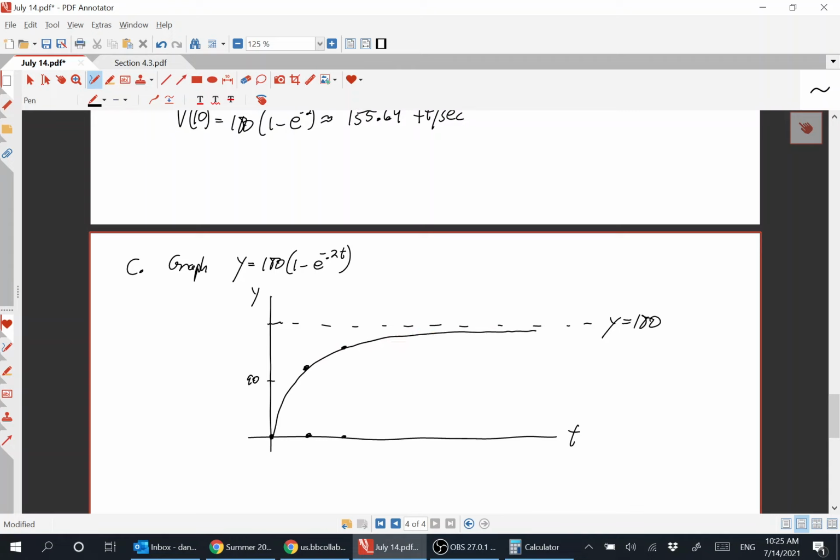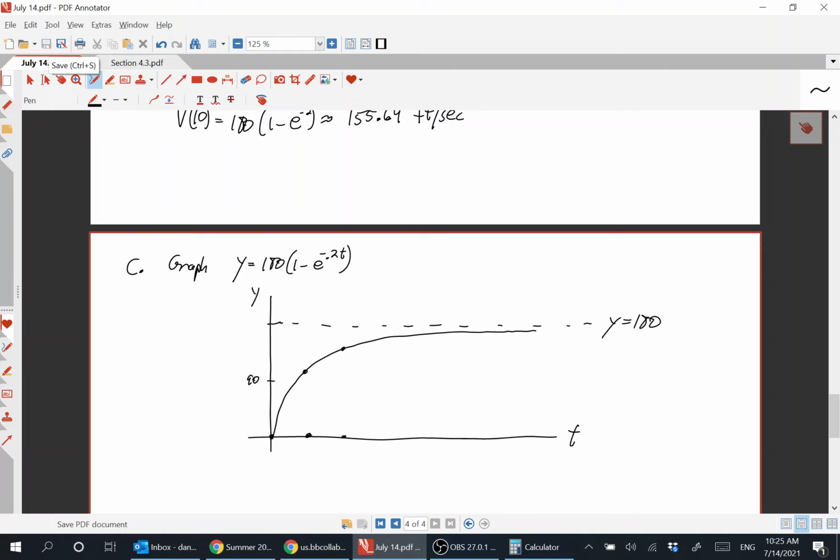Right, so the velocity keeps growing up to 180 feet per second, getting closer and closer, but never actually quite getting there. That's just a model of what the velocity is.